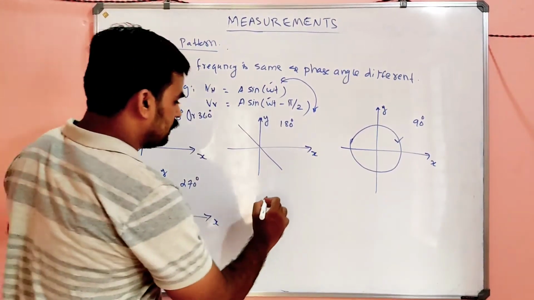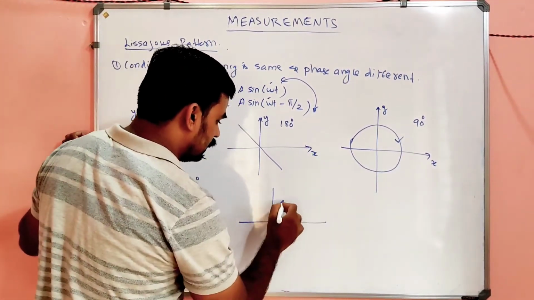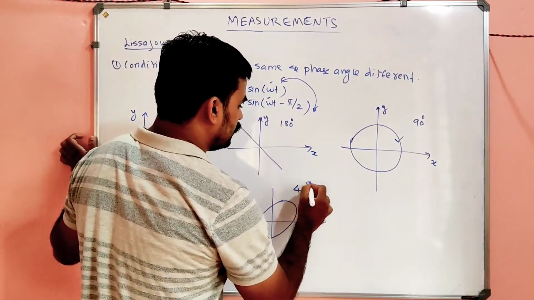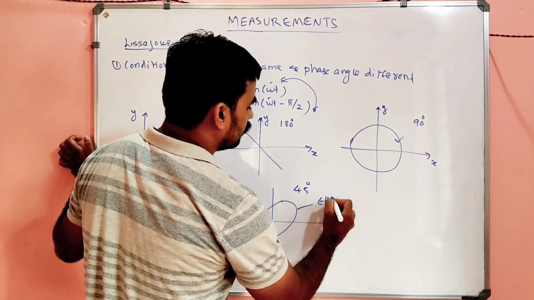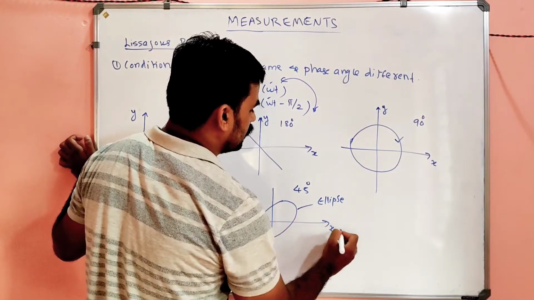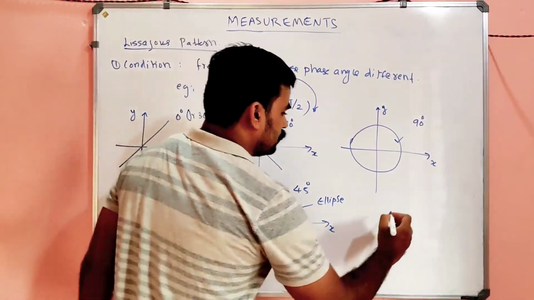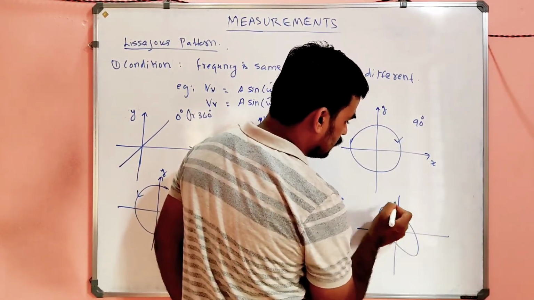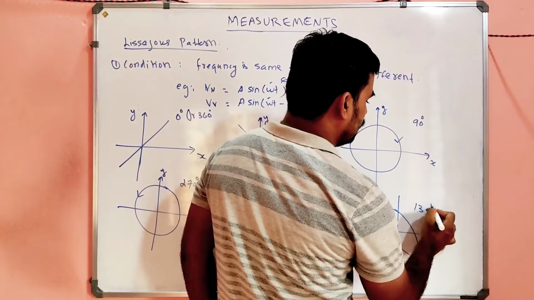Suppose an ellipse-like structure you are seeing, it is nothing but a 45 degree ellipse. Suppose the same ellipse is like this, so this is 135 degree.